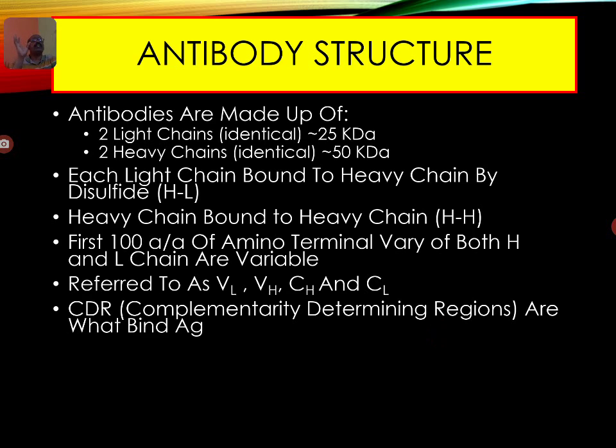The antigen binding region is a complementarity determining region which can complement the antigen. Depending on what type of antigen it is and what type of binding sites are there in the external shape of that antigen, this immunoglobulin can vary.